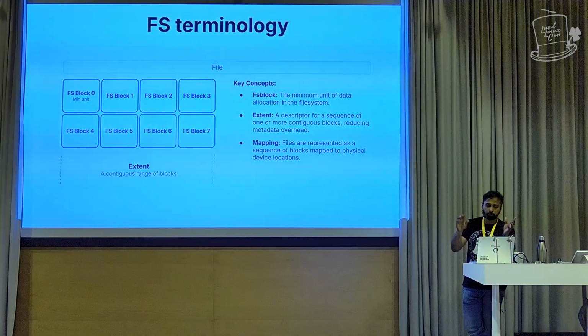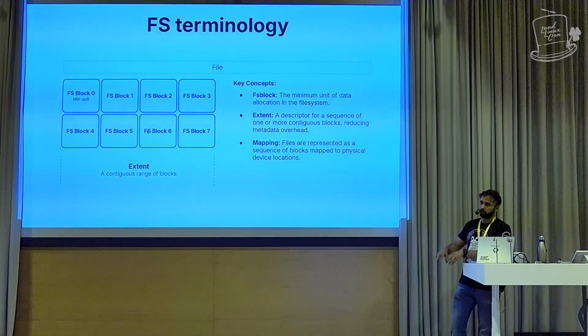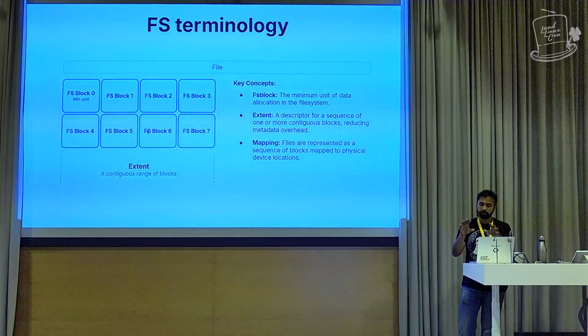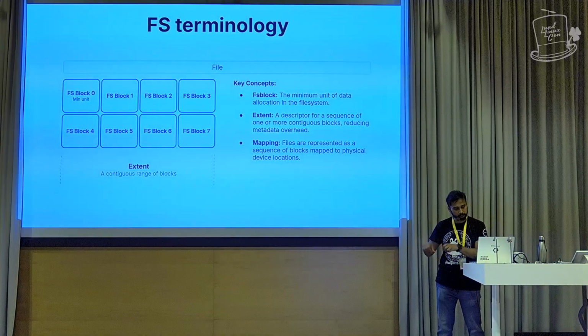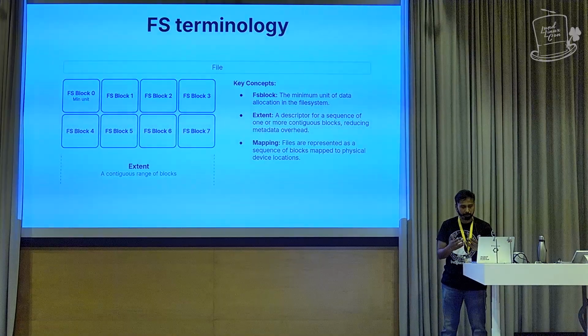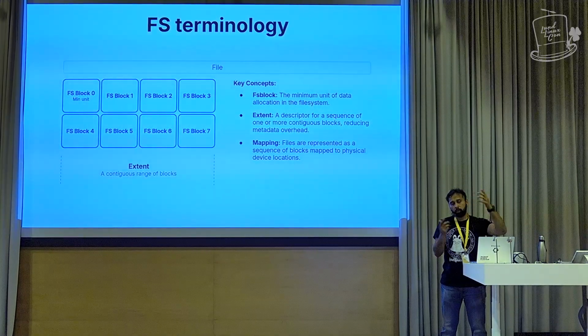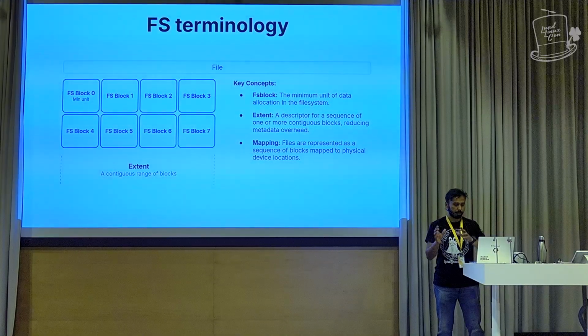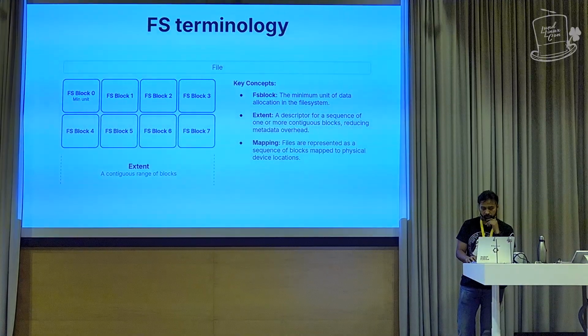And mapping: files are your abstraction in VFS, and ultimately the FS block is what goes to the device itself. Files are represented as multiple blocks, and the file system has a mapping of logical to physical locations, and that's what the mapping is for.